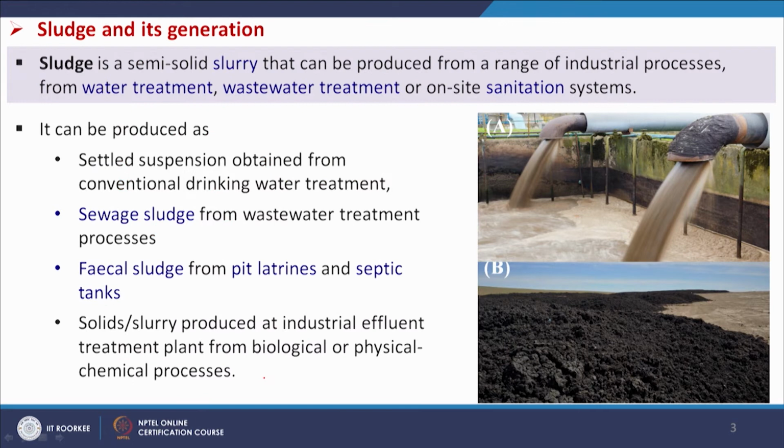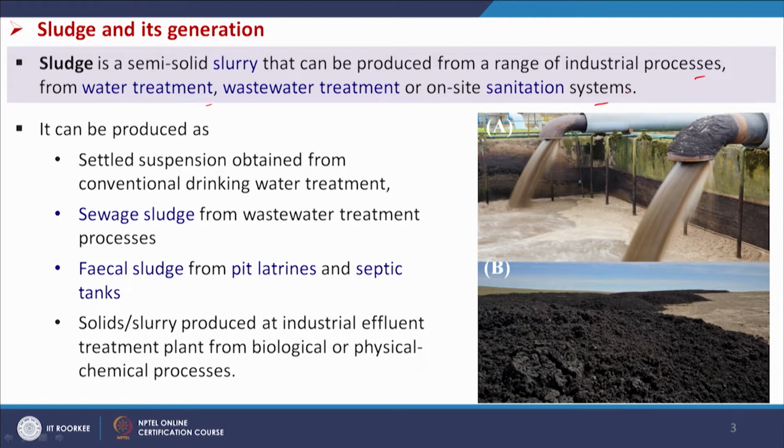Now, we will see what sludge is and how it is generated. Sludge is a semi solid slurry that can be produced from a range of industrial processes, from wastewater treatment, water treatment or on site sanitation systems. So, this can be generated from any type of wastewater treatment system.